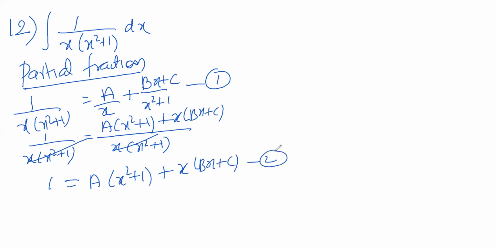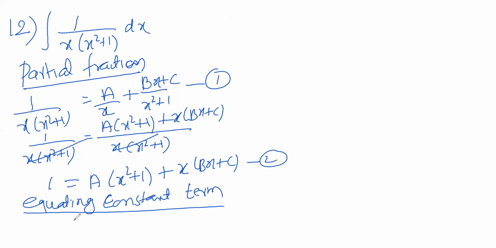Now substitute values for x. You can substitute x is equal to 0, or otherwise we go with equating the coefficients of the x term, x squared term, and constant term, one by one. First, equating the constant term on both sides.